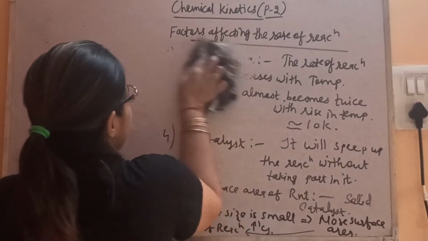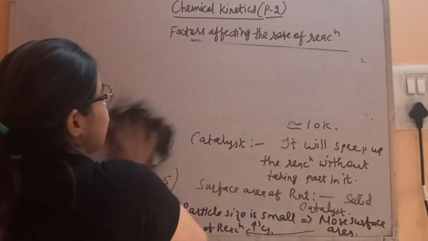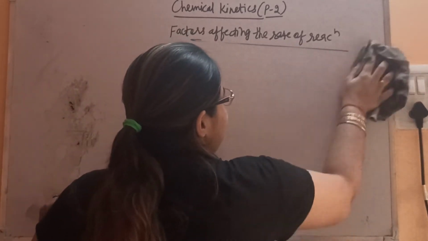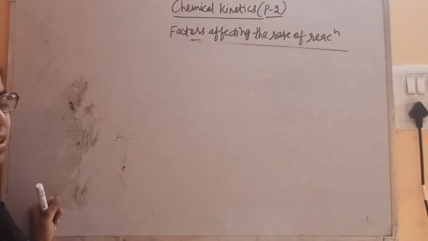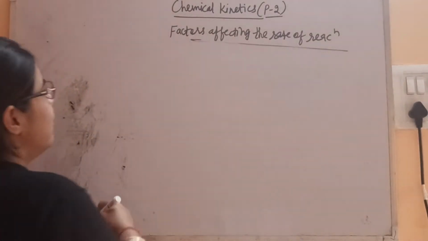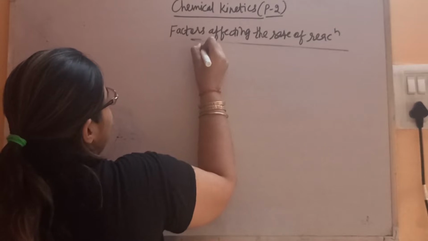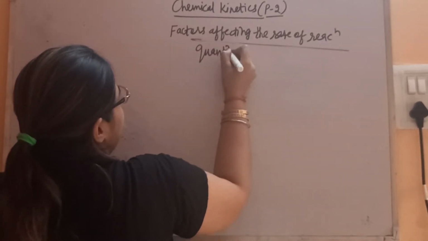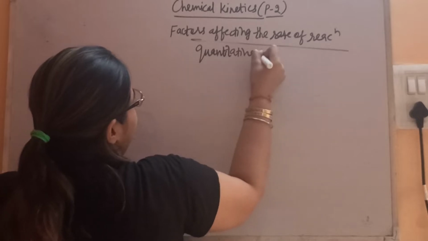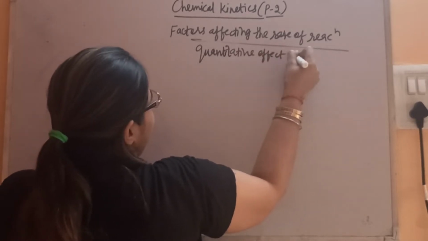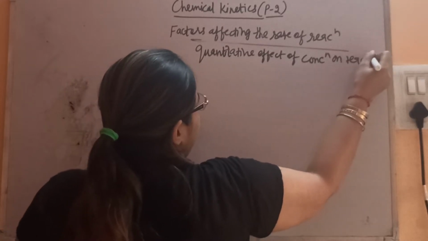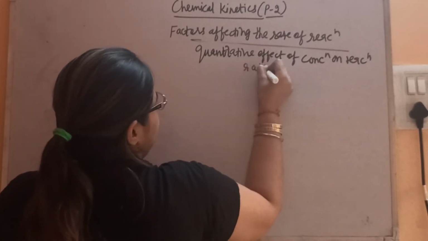So let's see. First, what is the effect of concentration on the rate of reaction, or how it is related quantitatively with the reaction rate? So, quantitative effect of concentration on reaction rate.